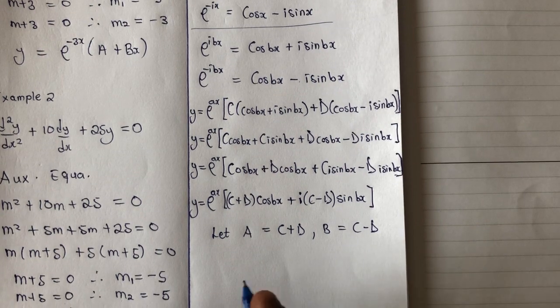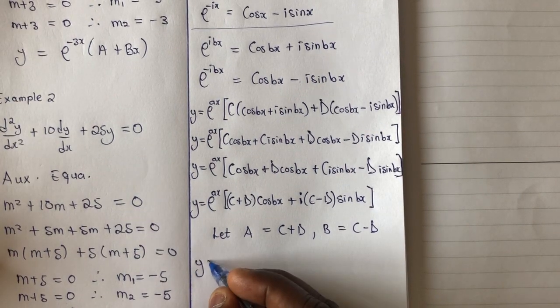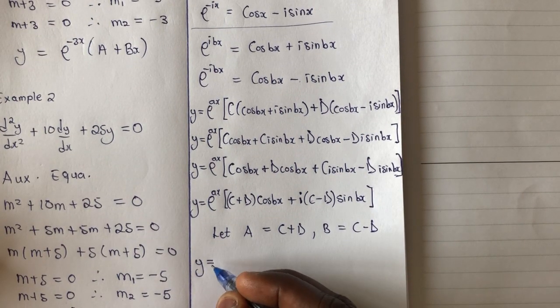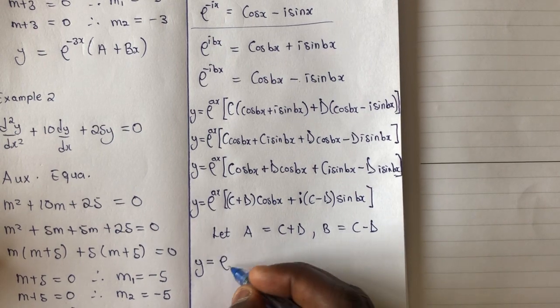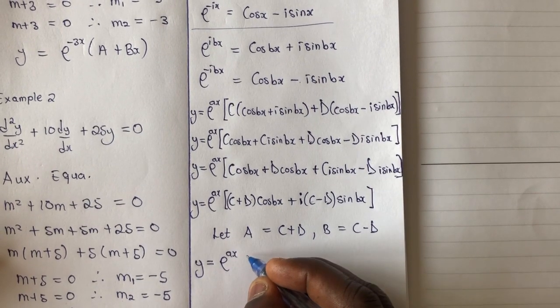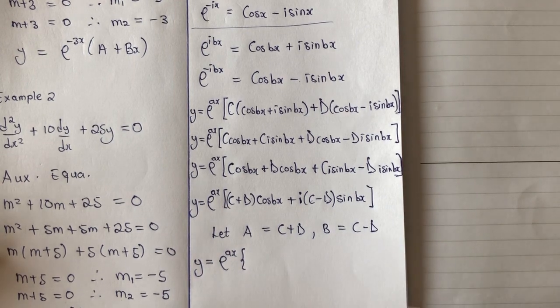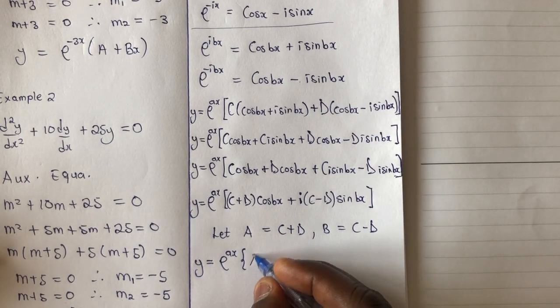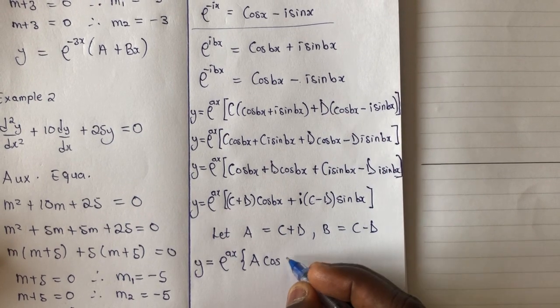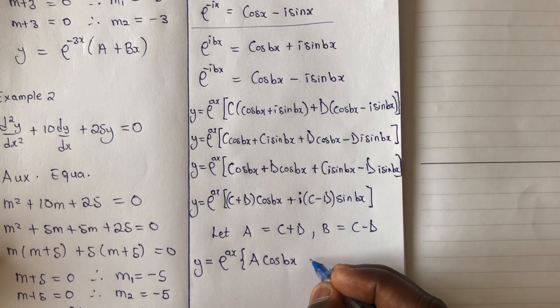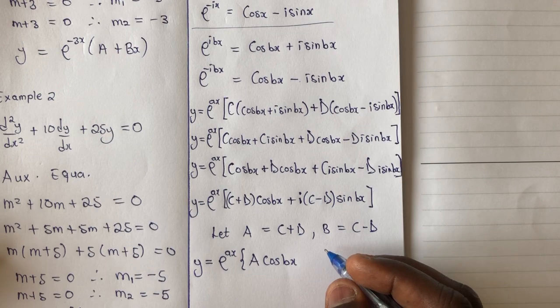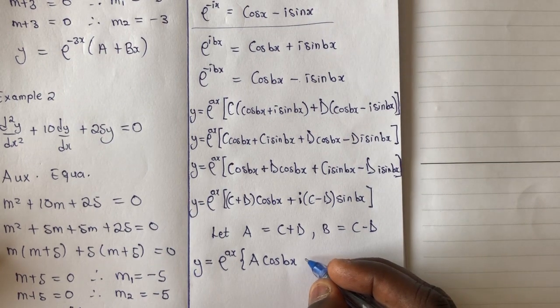What are we going to get? We are going to get y equals e raised to the power ax into bracket A cos bx, then plus what?